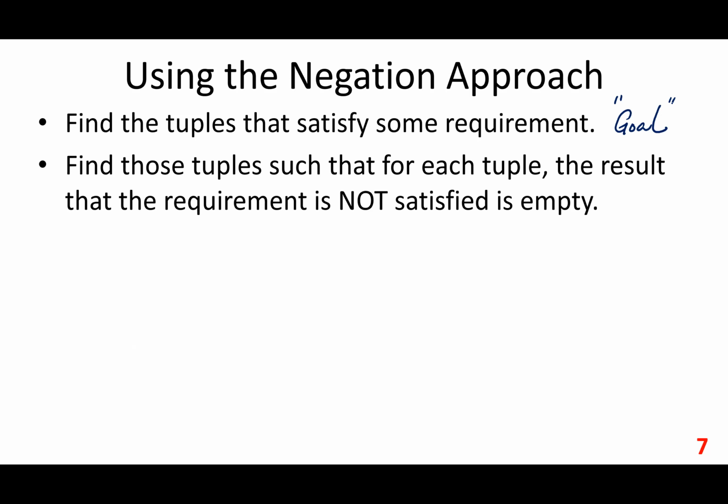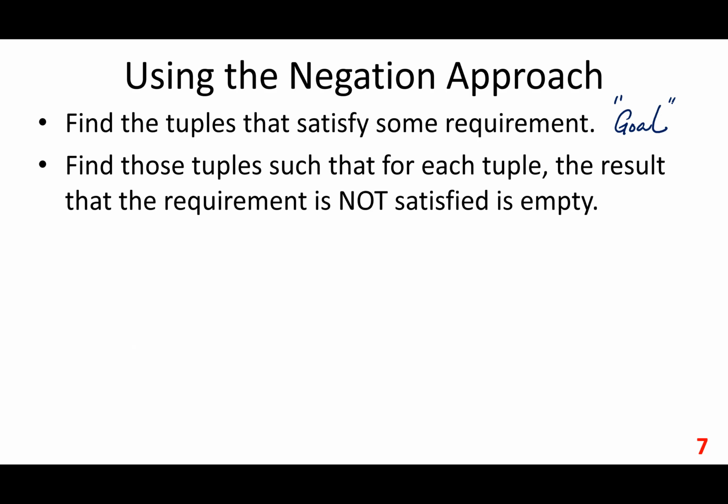We do not do it directly, although you can use the direct way. But here I just talk about how this negation approach works. So when you want to use this negation approach, you need to change your thinking way. All right.